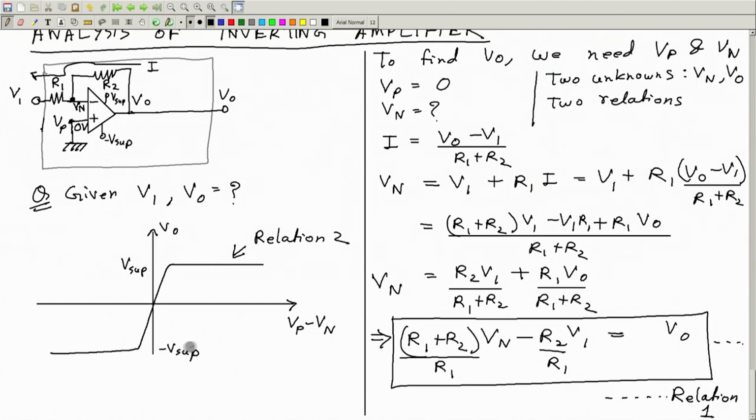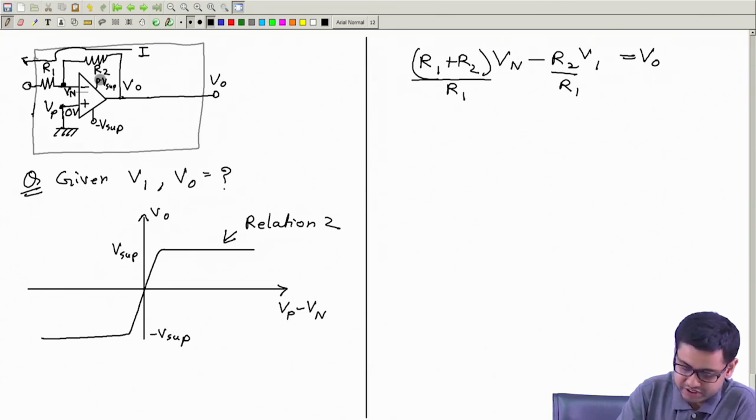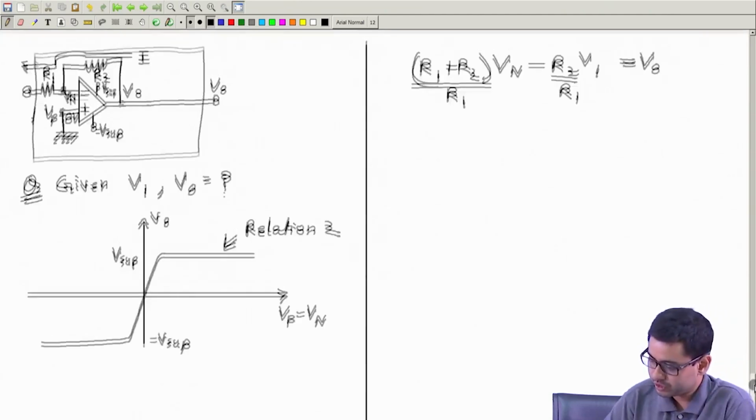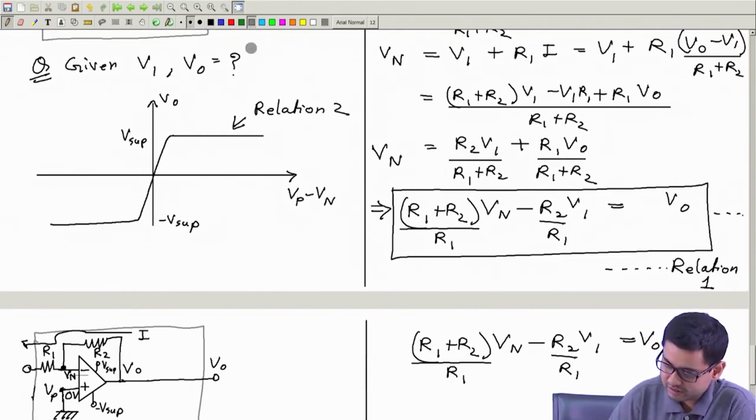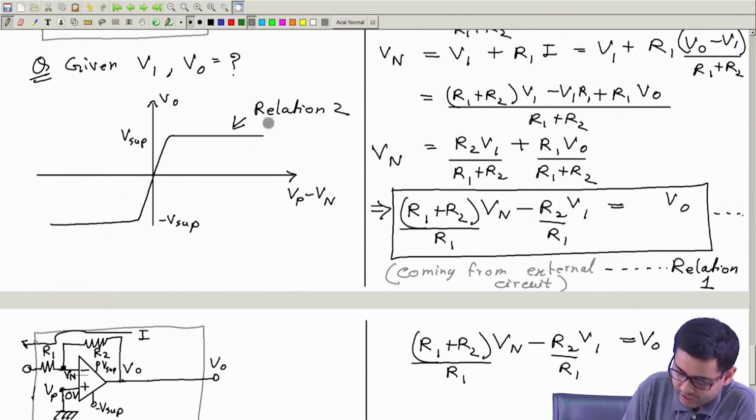Now I have just copied these diagrams from the previous page so that we can continue. This is the relationship between Vo and Vn, which is coming from the external circuit, and this is from the op-amp's property.